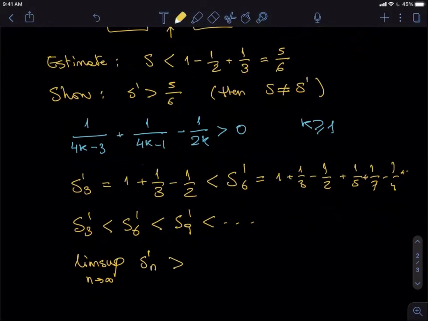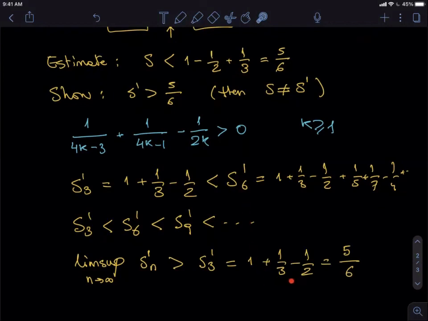So the lim sup, if we follow this sequence, is going to be at least as big as the first term, which was 1 plus 1/3 minus 1/2, and that turns out to be 5/6, because notice that it's precisely the same three terms that we had in our estimate, only they have been rearranged.